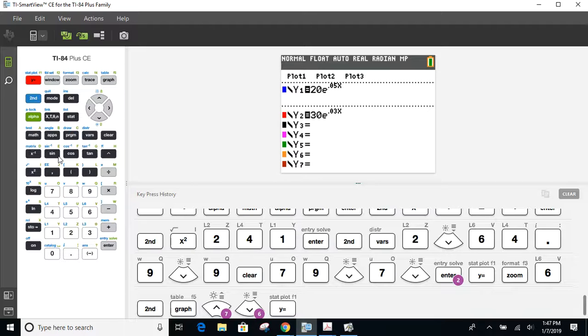Better? You're using the E button above the division? Okay, can we use that, please?